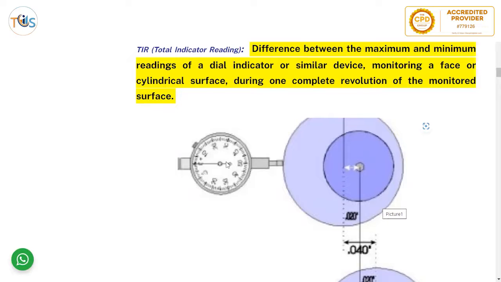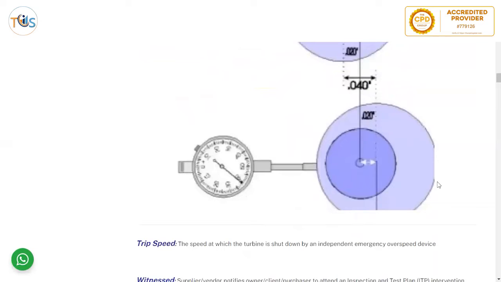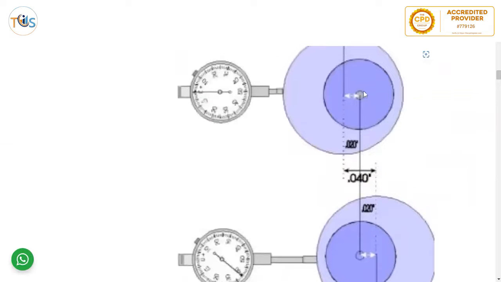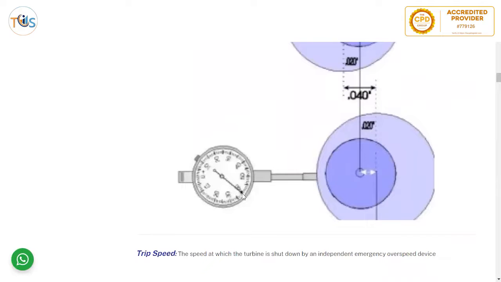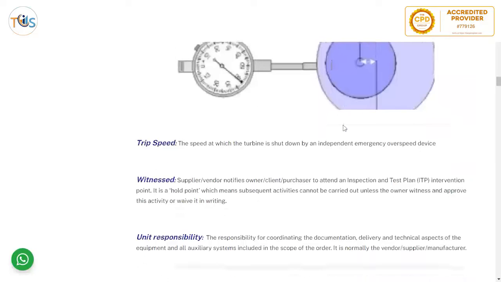You can get a direct reading from this dial indicator. You can see here that this location starts at 0, and then the highest would be at the point where it shows the highest reading, like 0.02 inch. It could be either way, and you would also see the same reading.